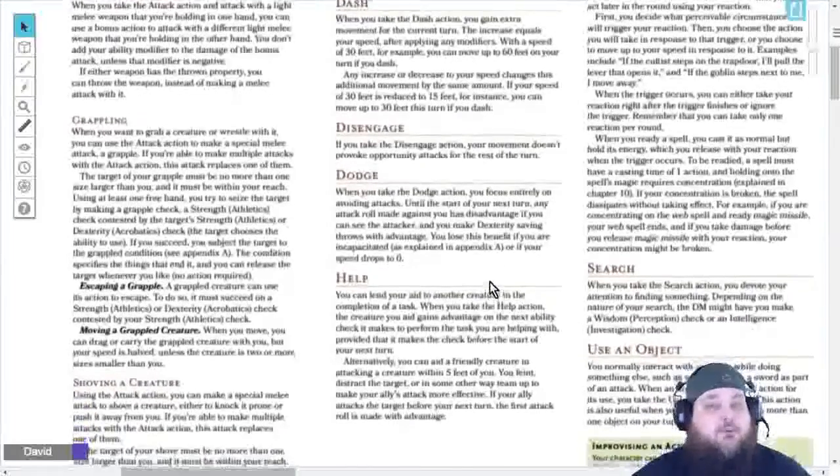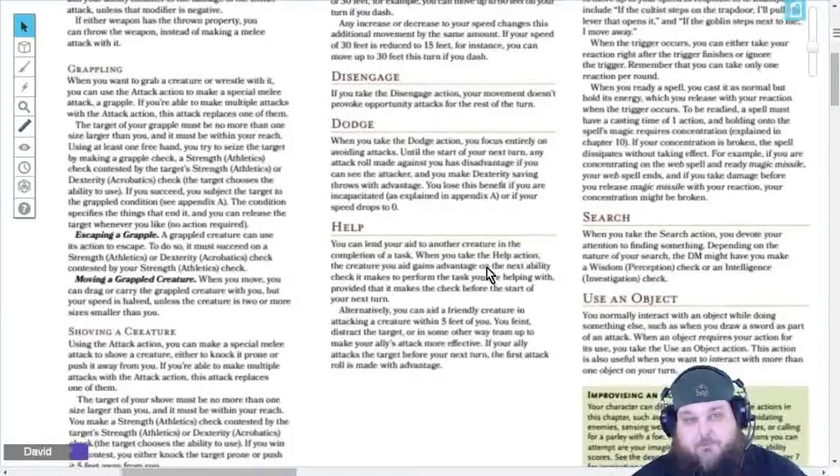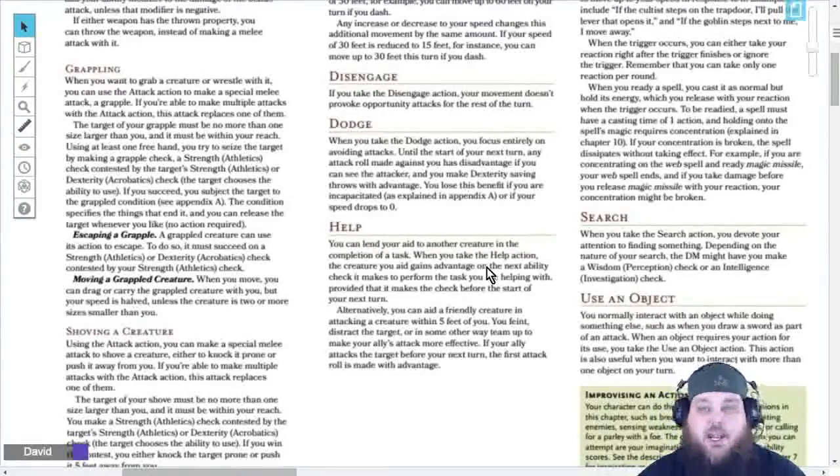Now there's a lot of confusion with Disengage as well. When you take the Disengage action, your movement does not provoke opportunity attacks for the rest of the turn. So, hey, that's all fine and dandy. You take the standard action, Disengage, and you can move. You're in a defensive posture, you can move away from as many creatures as you would like, as long as you're not blocked in.